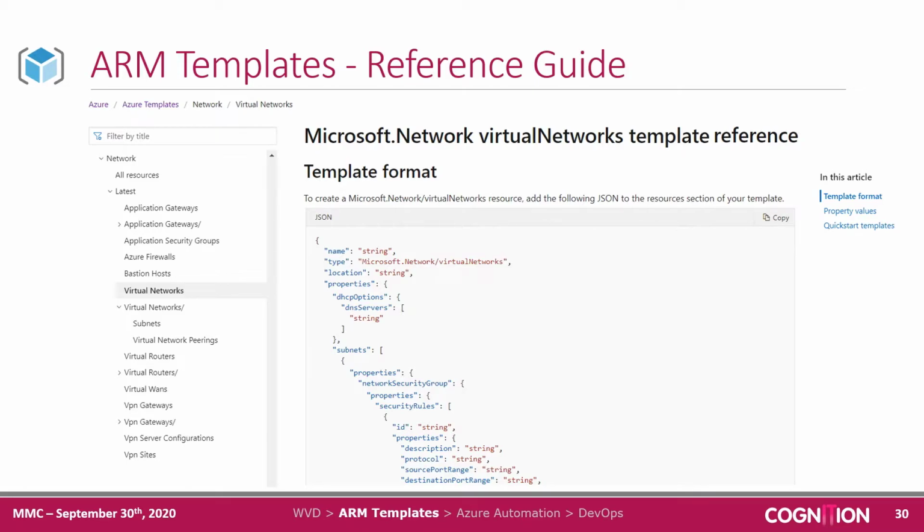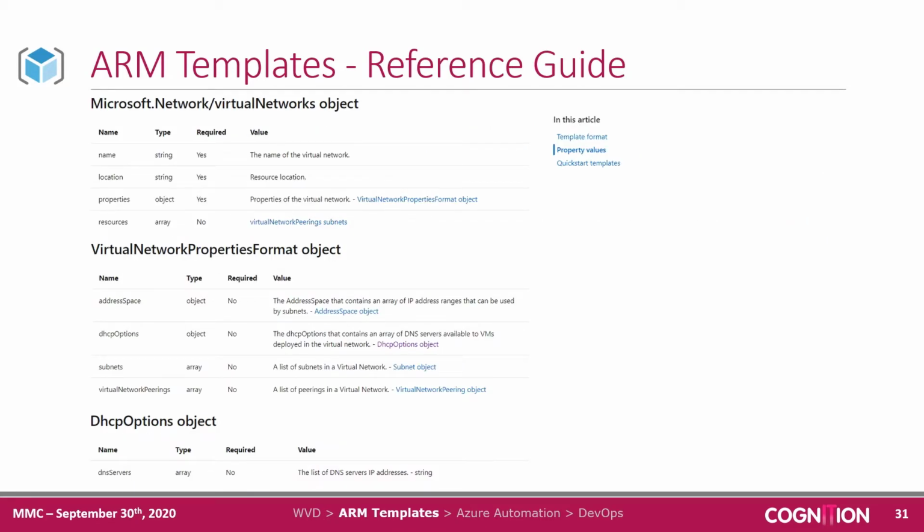And it starts by giving you a template format. So you can already copy and paste this into your own template and make sure that you have all the information. And if you have any questions on any of the properties that you can specify for the resource, these are all explained in details as well.